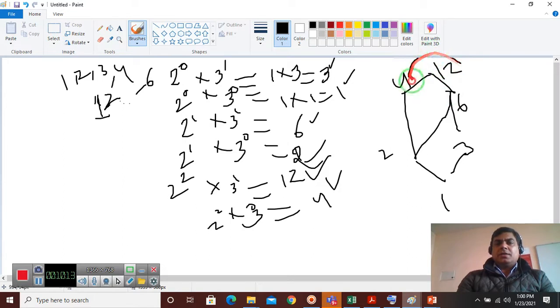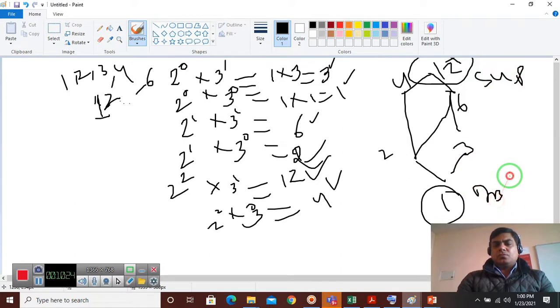So 12 is the highest number and 1 is the lowest number. So this is a supremum, and this is an infimum. Okay, so this is called a lattice.